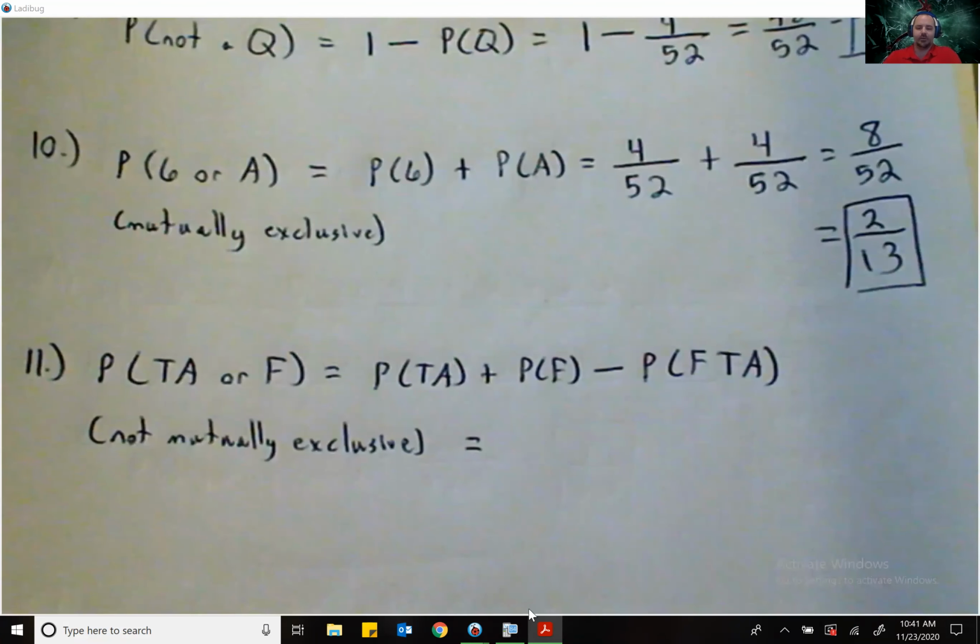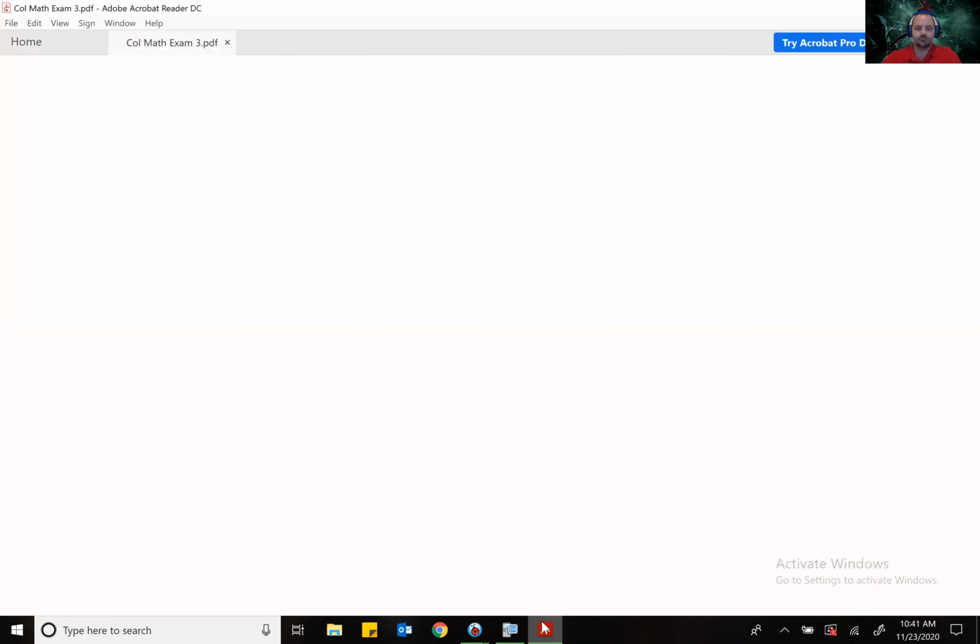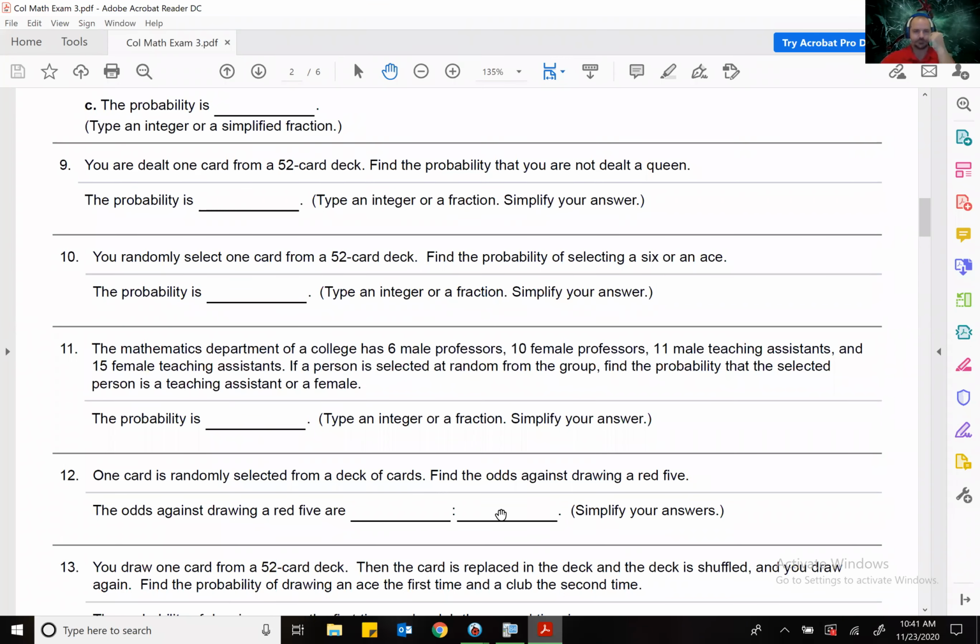So let's get the probability of a teaching assistant. So we jump back to this. First, teaching assistants. Well, we have 11 male teaching assistants, 15 female teaching assistants. So that's a total of 26 teaching assistants out of, well, there are 6 male and 10 female, so that's 16. So 26 plus 16, 42.